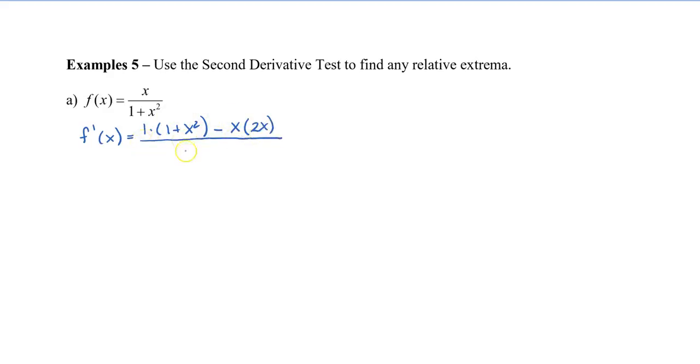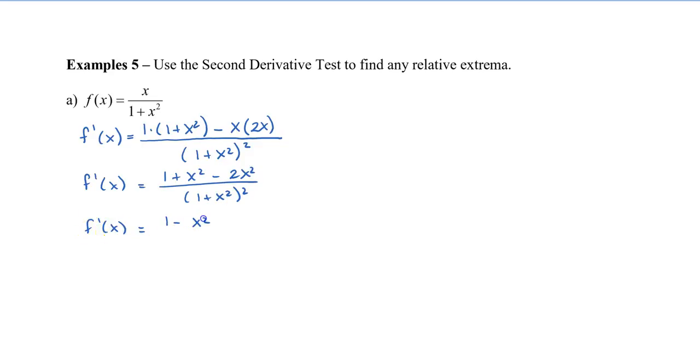And then all of this is going to be divided by 1 plus x squared, all squared. Let's do a bit of simplifying. So we have 1 plus x squared minus 2x squared, all divided by our denominator. So we have 1 minus x squared, all divided by 1 plus x squared, squared.